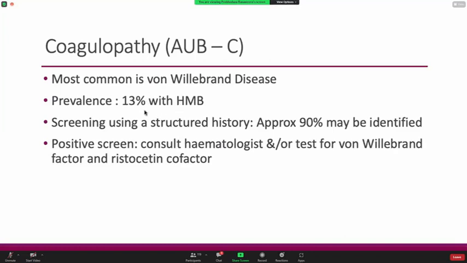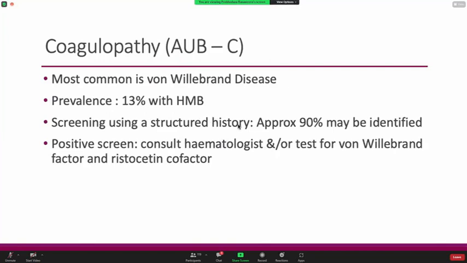And it's common in heavy menstrual bleeding. So we think that bleeding disorders are not common in females, right? But you have to think about von Willebrand disease when somebody presents with heavy menstrual bleeding, right?